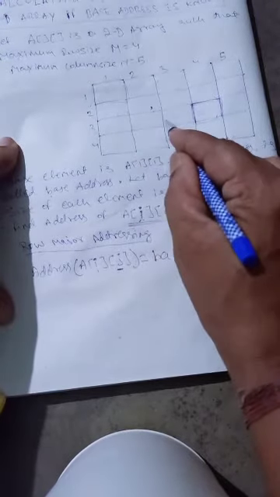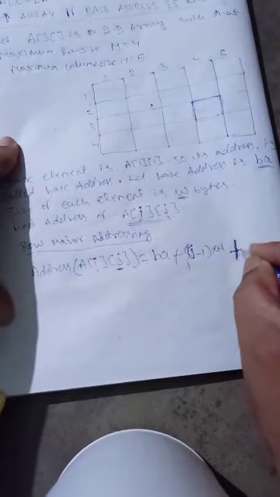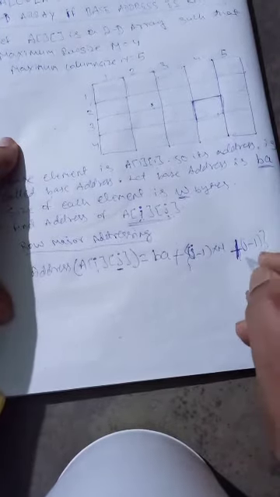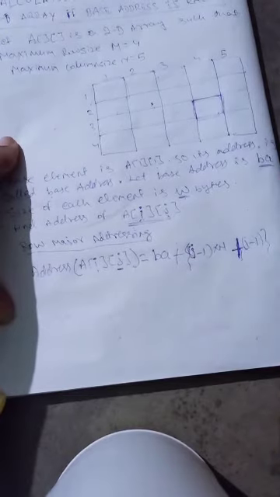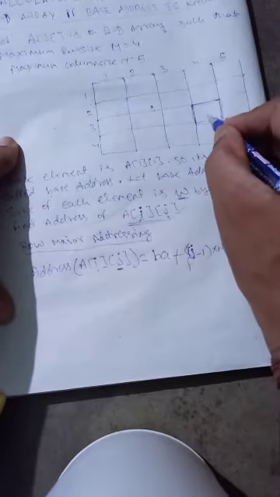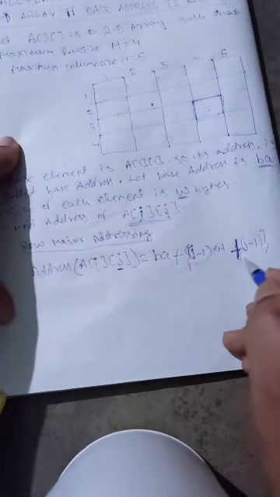So that means plus (j minus 1). This total will give me the actual number of consecutive cells that are already present before this cell. So before this cell there are 10 plus 3, 13 cells. So this formula will give me 13.